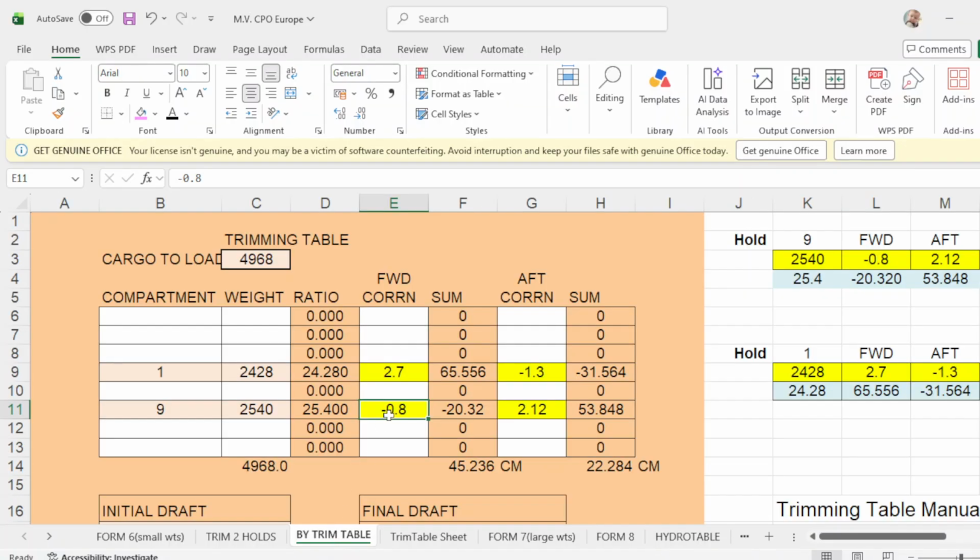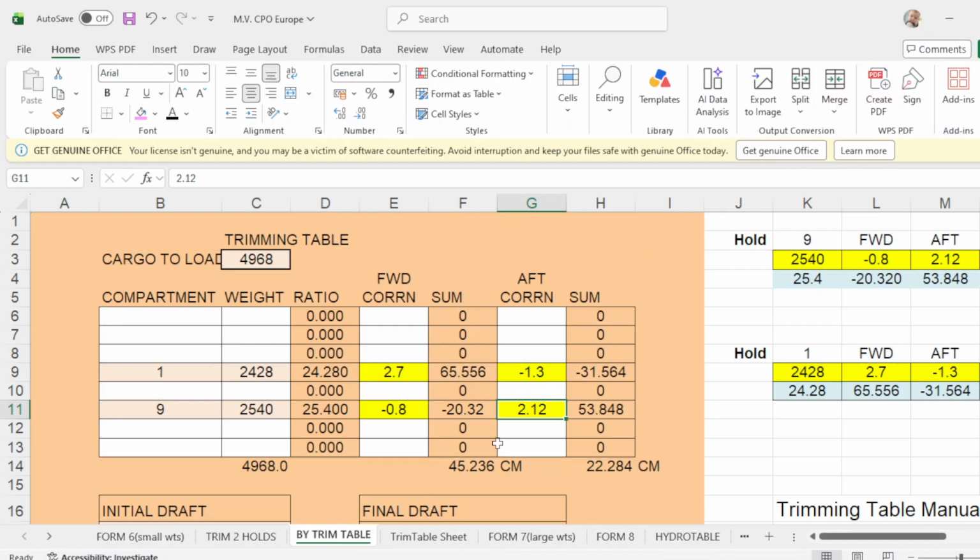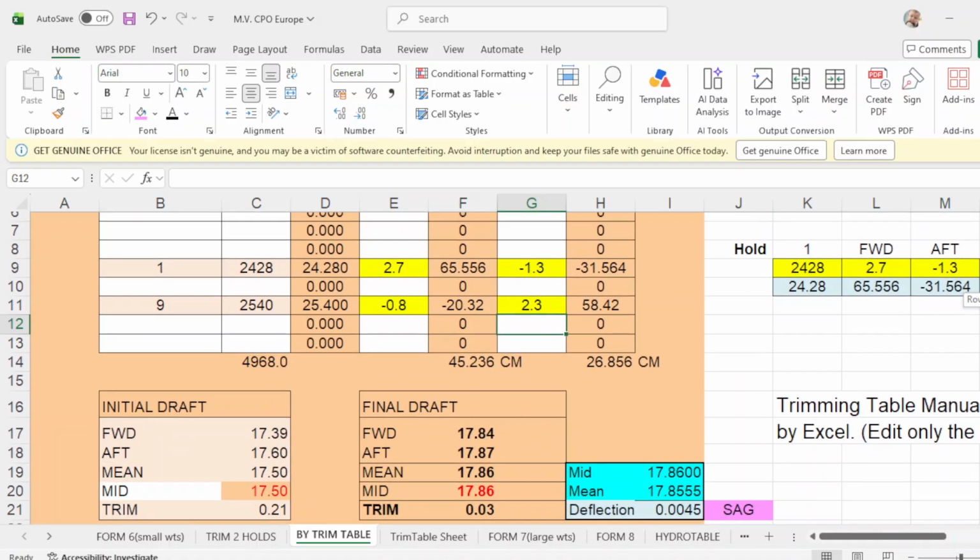And your aft correction is 2.3. Now we will check the drop.